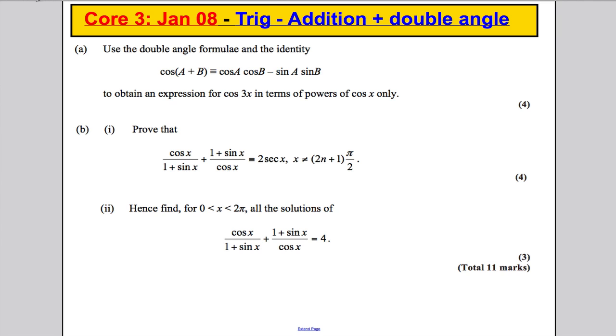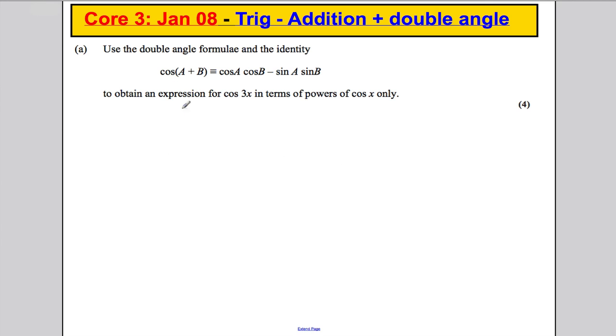Okay, have a look. Right, let's work through this new question. Use the double angle formulae and the following identity to obtain an expression for cos 3x with only cos x's in it. So it's like we did with the sine x, so cos of 2x plus x, that's the way to start these off.